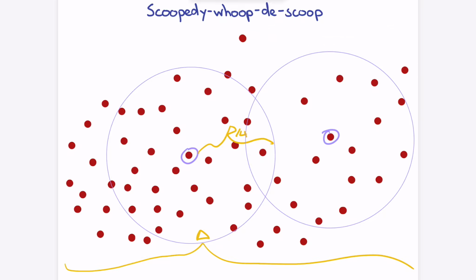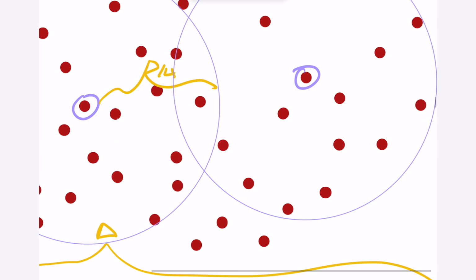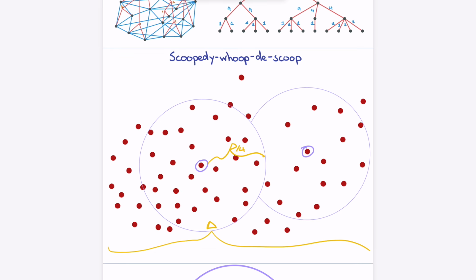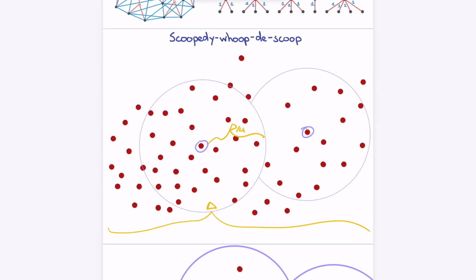Now, some of these points have already been scooped. So the part you're taking out looks more like that. Okay. And then you'll pick a random point. Actually, the point can already be scooped, but you pick another random center, just the way this algorithm works.